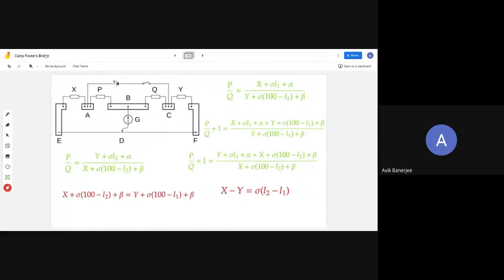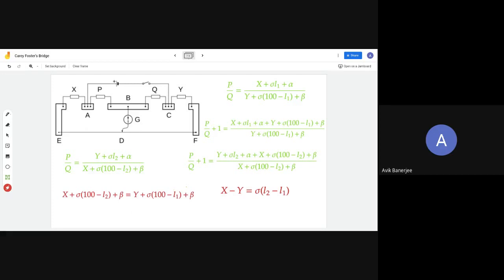So what is R here? R is the sum of the resistance of this part of the wire ED. We should be able to move the jockey along that wire, and we should be able to find out the stable condition of the bridge where there is no deflection of the galvanometer.